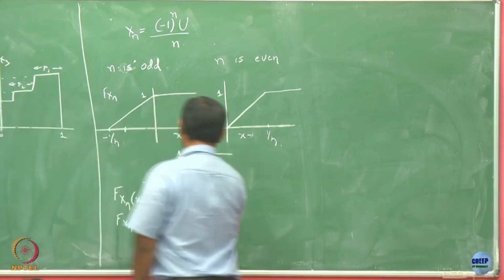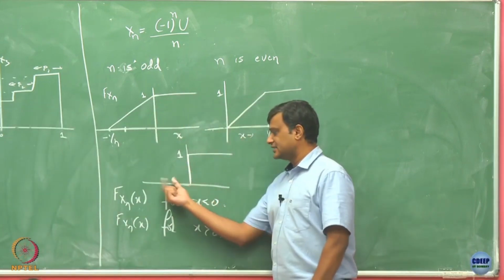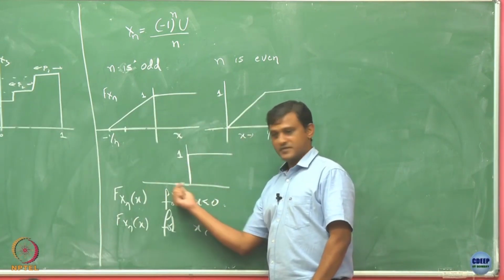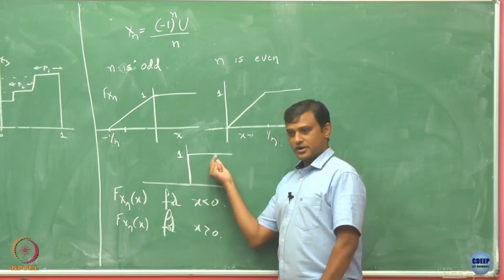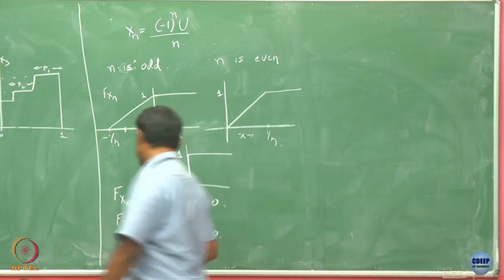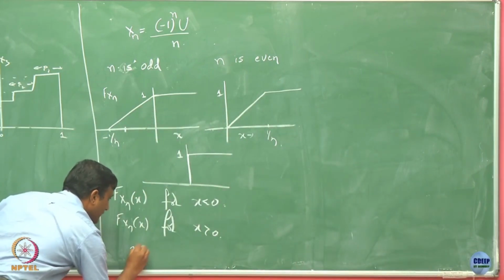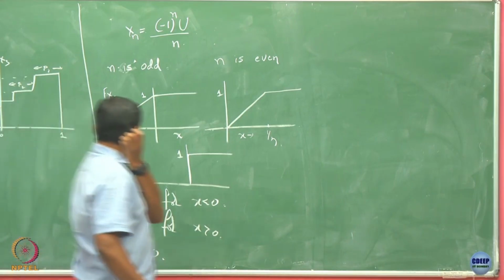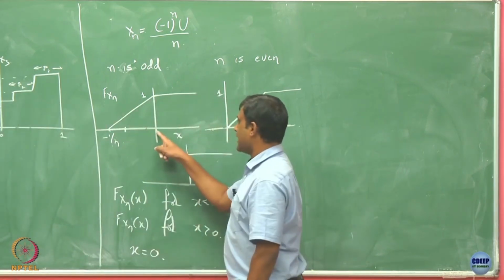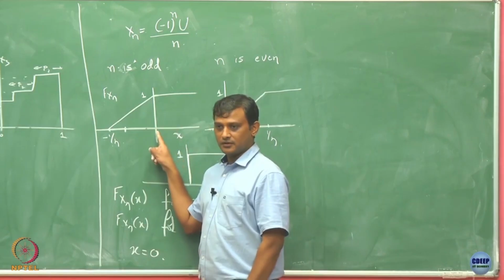That is fine, and that is matching with this. When I take x less than 0, this is going to be 0, and when I take x strictly positive, that is going to match with 1. Now let us look at the case when x equals 0. So what is the value of this function at x equals 0?